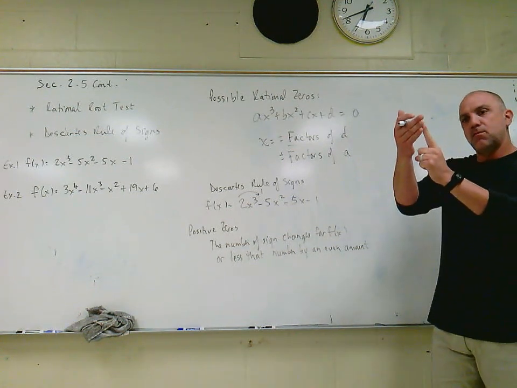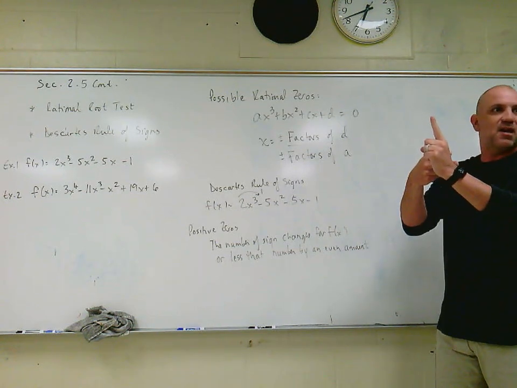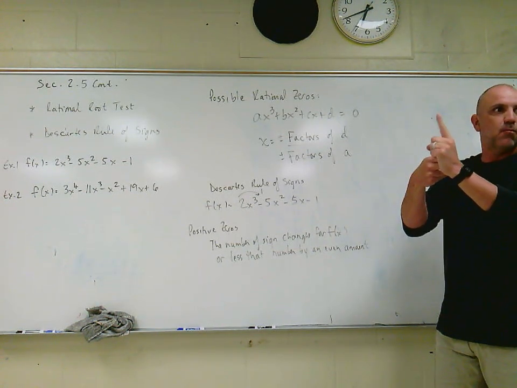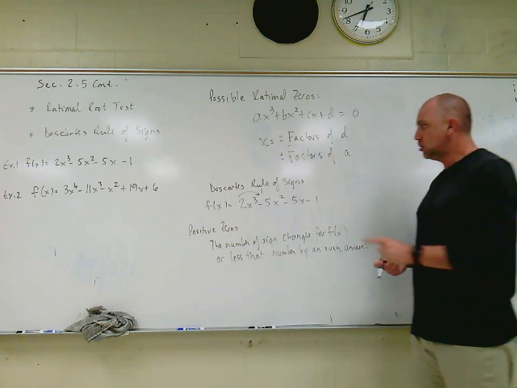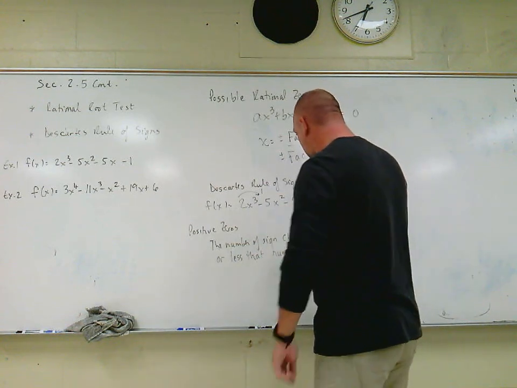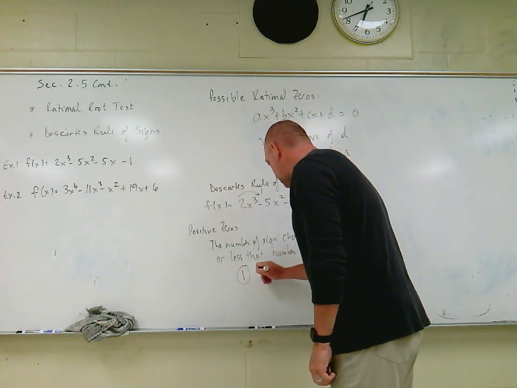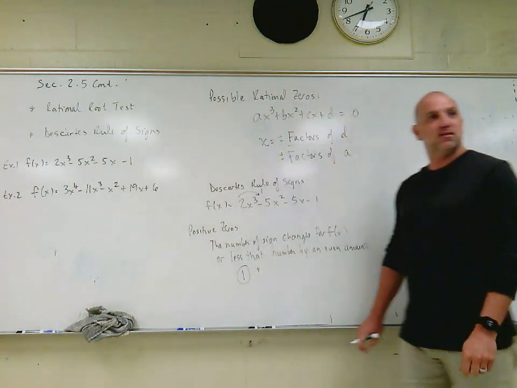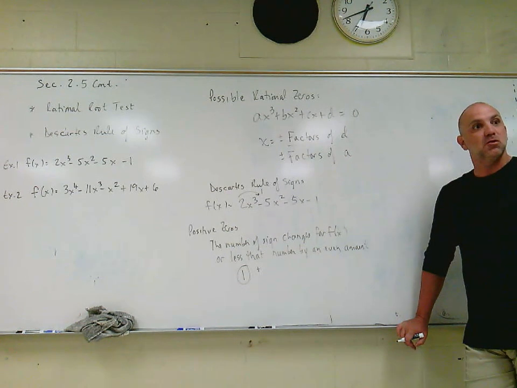You got to go less than by an even amount. Well, if you go 2 less than 1, you get a negative, and you can't have a negative number of choices. It's telling you how many positive solutions there are. So on this one, there has to be one positive number that's the solution.